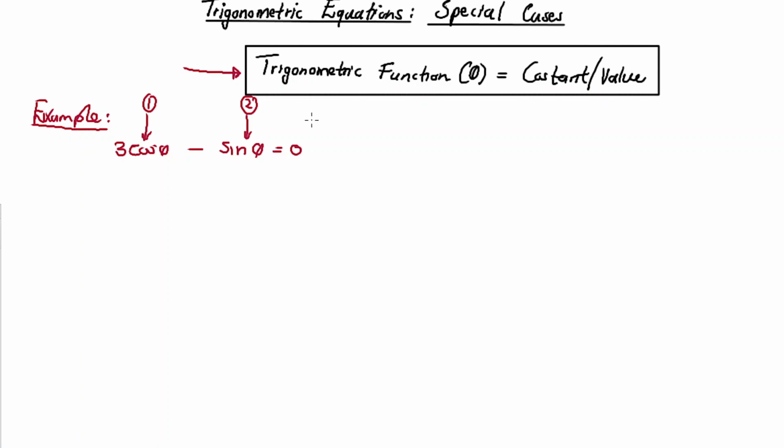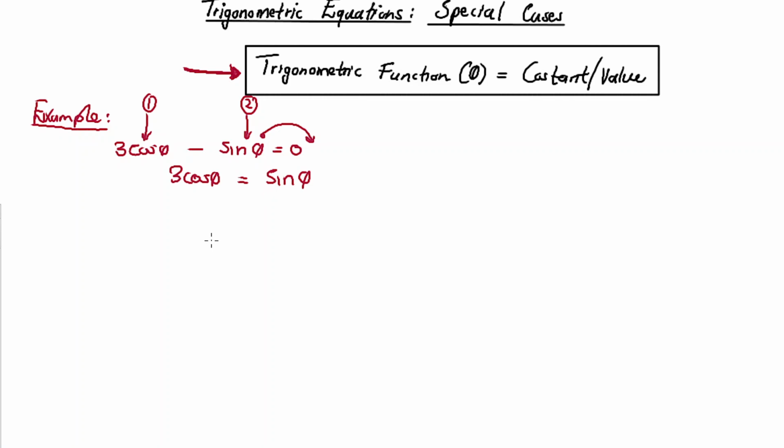So I have to work around this or simplify this to something that looks like the generic form. The first thing I can do is get sine over to the other side. I now have 3 cos theta equal to sine theta.